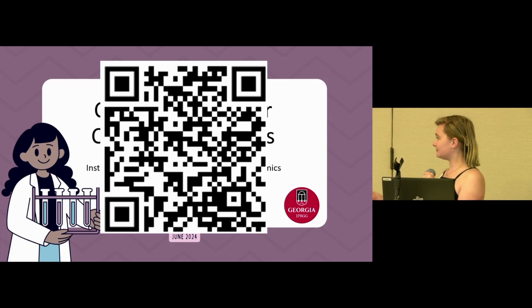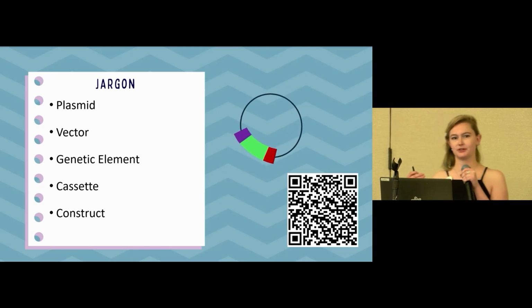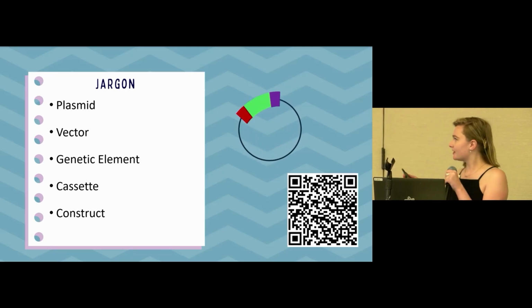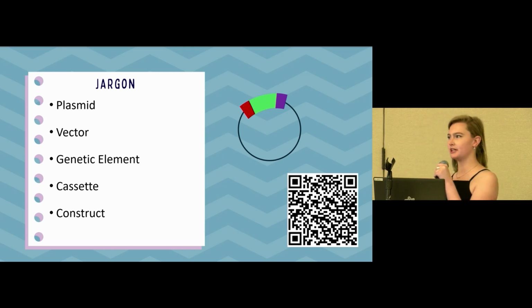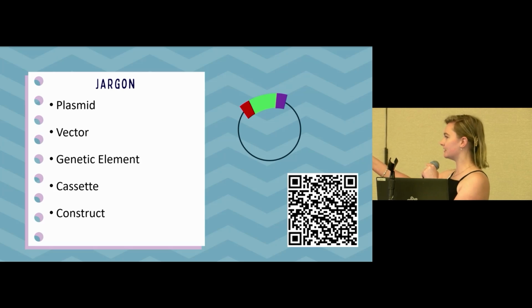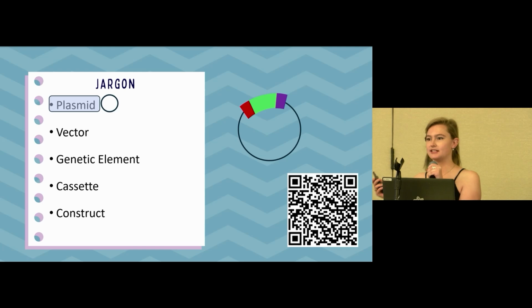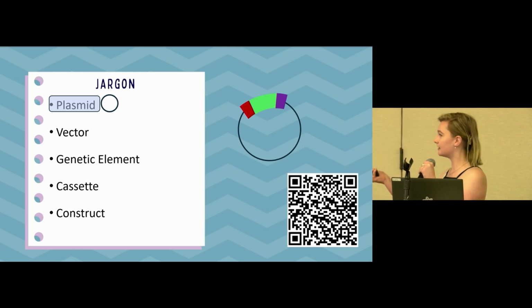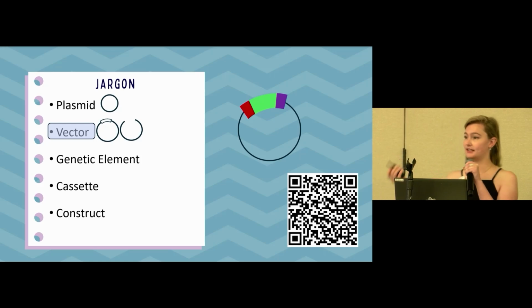This was already established by Dr. Vina and Dr. Kinsub, but I'm going to reiterate it a little bit. There's some common jargon, and I'm going to explain what those terms mean for the sake of my presentation. Sometimes there are nuances, and people may use these terms interchangeably, but for my sake, a plasmid is an extrachromosomal circularized DNA that is able to be taken up by your cells. A vector is a plasmid that is able to take up an insert.